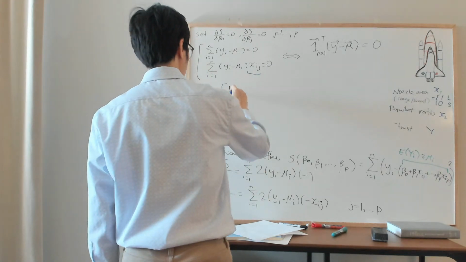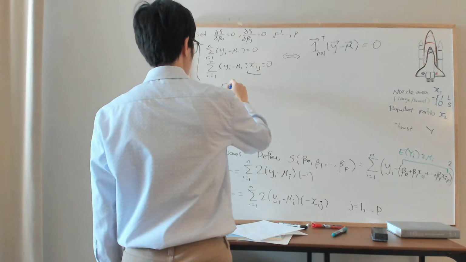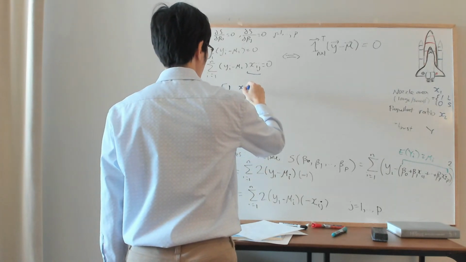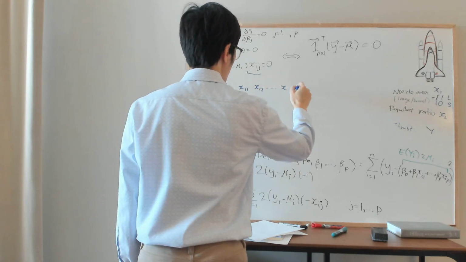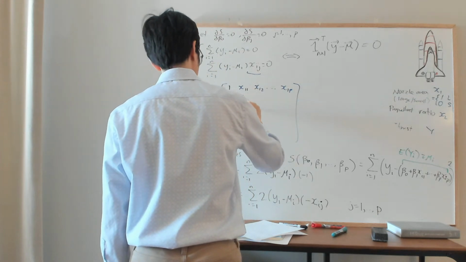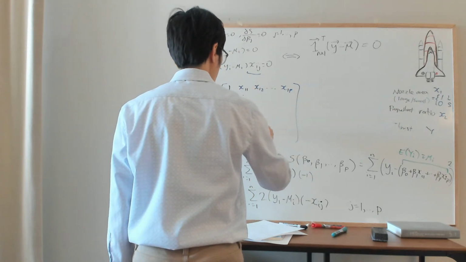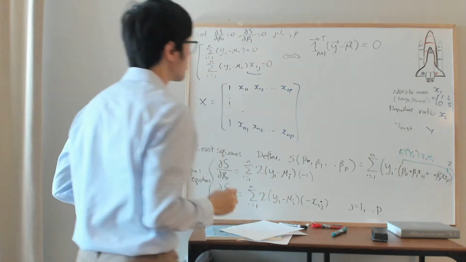We have a column of ones, and then we have x11, x12 up to x1p, and this goes down to xn1, xn2 to xnp.